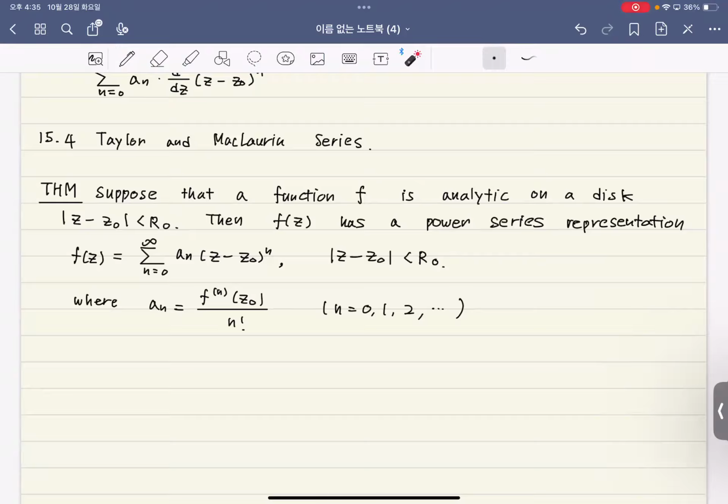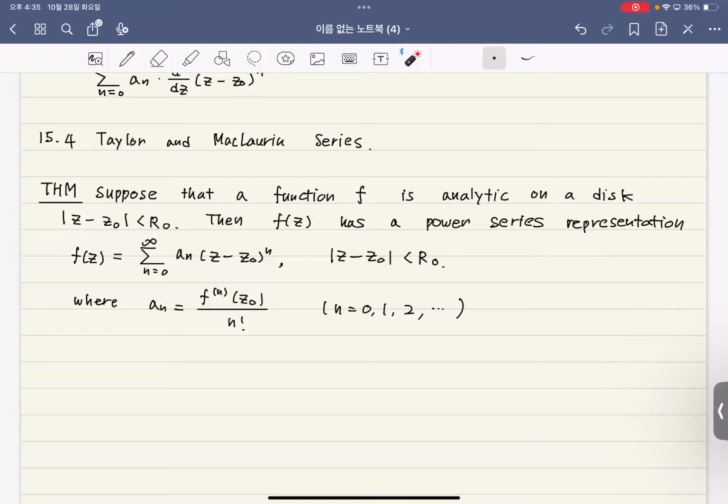Okay, well, if you look at this formula or this expression, then you can easily recognize that you have seen this before in freshman calculus. The expression is precisely the same as in freshman calculus. But there is one crucial difference. Can you recognize that? Well, in freshman calculus, even though your function is infinitely differentiable, there was no guarantee that your Taylor series of your function converges to the original function, right?